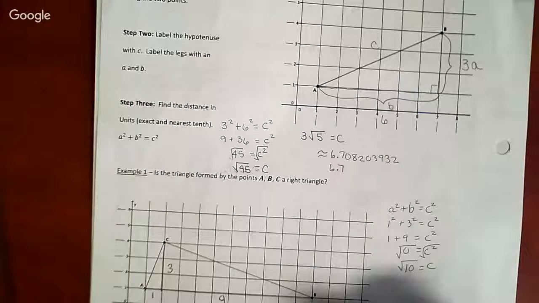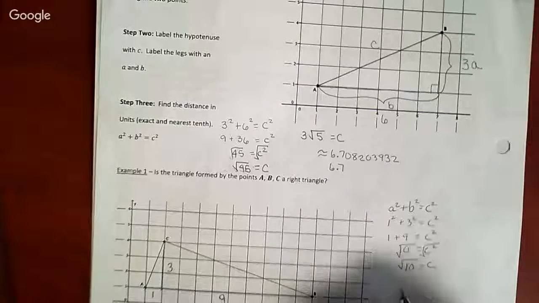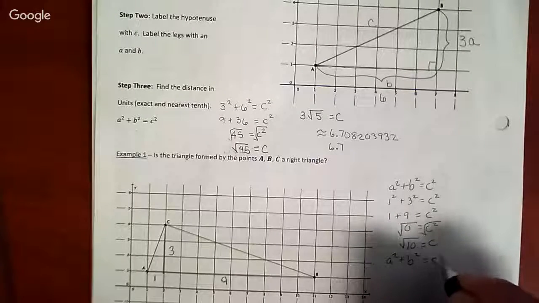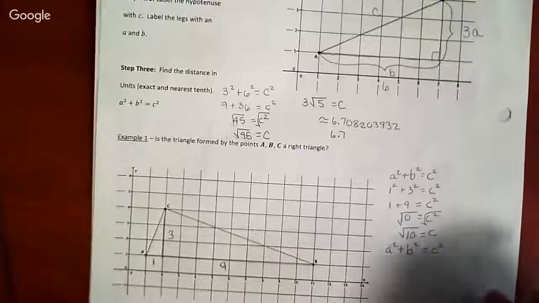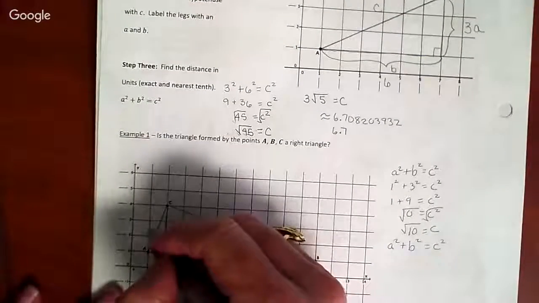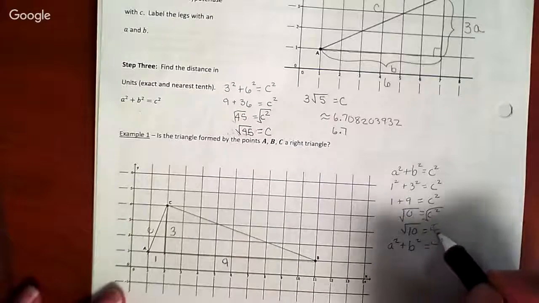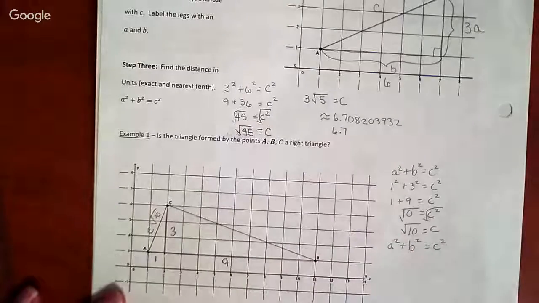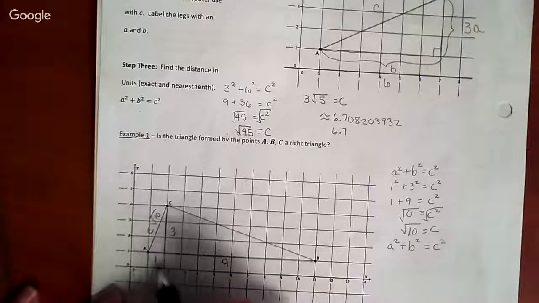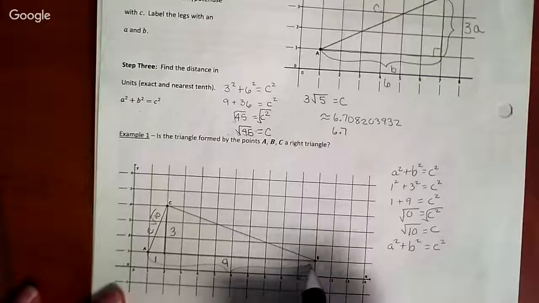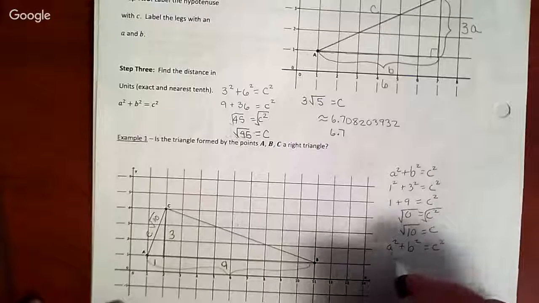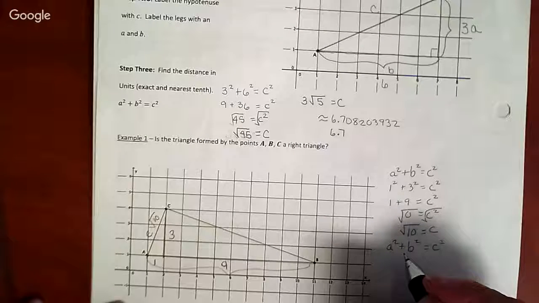Next we have 9. So A squared plus B squared equals C squared. What we found here was the C part of AC, which is this right here, the square root of 10. So now we're finding this side here. We've got A, which is 9, and 3.